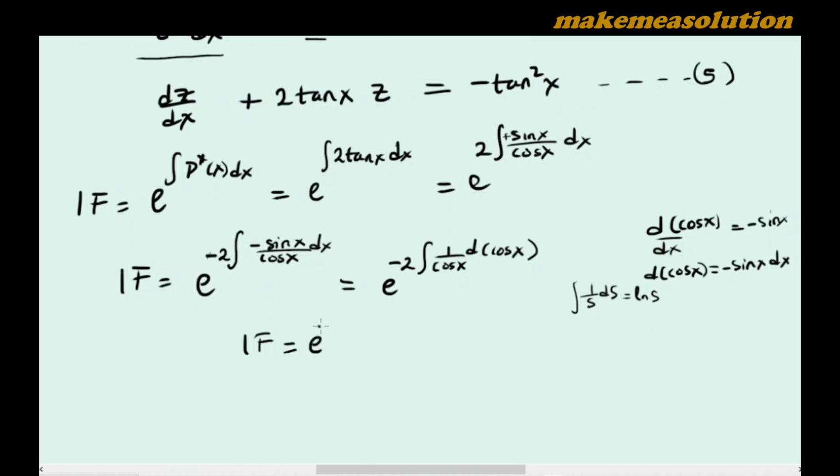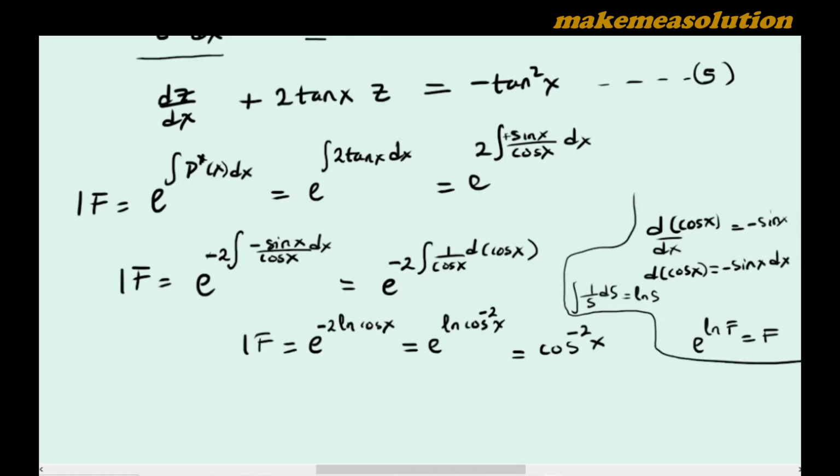So you have exponential of minus 2 ln cos x. This is exponential of ln of cos to the minus 2 of x, and this is cos to the negative 2 of x. Remember that exponential of ln f is equal to f. So these are the identities that we are working with to simplify our integration process.